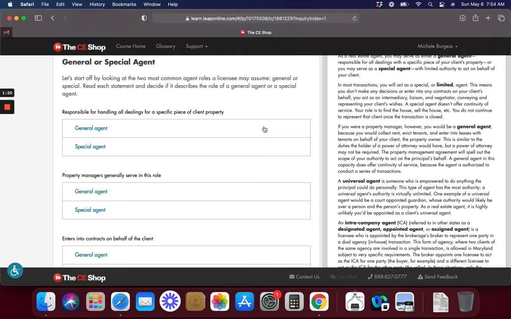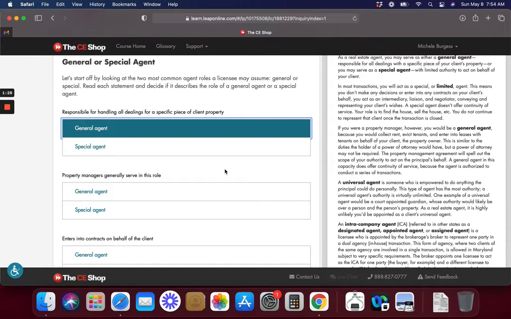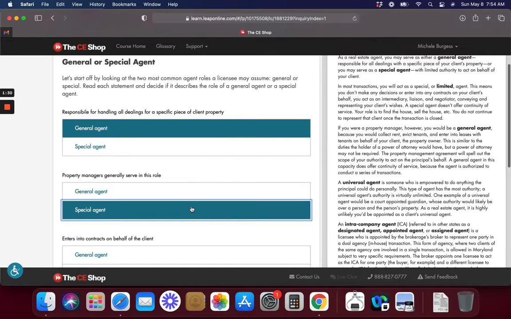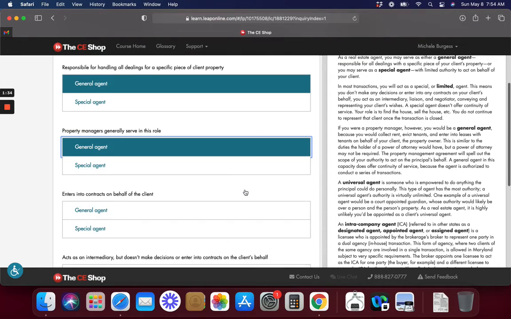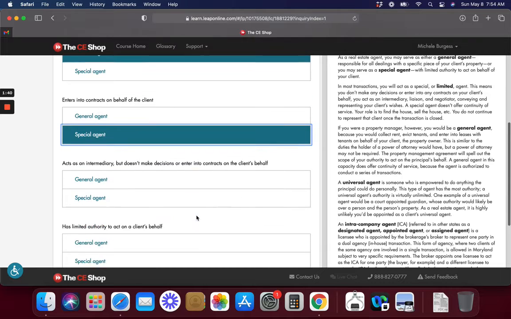Okay, responsible for handling all deals on a specific client property. Property managers are usually special agents, I think. No, they're general agents. Never mind. Okay. Enters into contracts on behalf of the client, special agent.